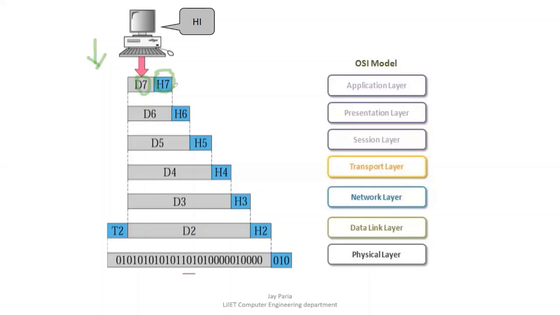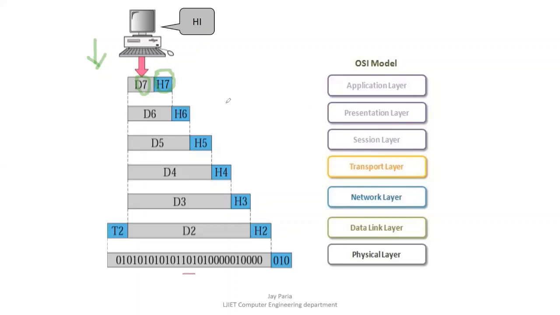The information in the header is added by the protocols in the layer, and this information in the header is only understood by that particular layer. So what I'm trying to say is that the information added in the H7 cannot be understood by the presentation layer.